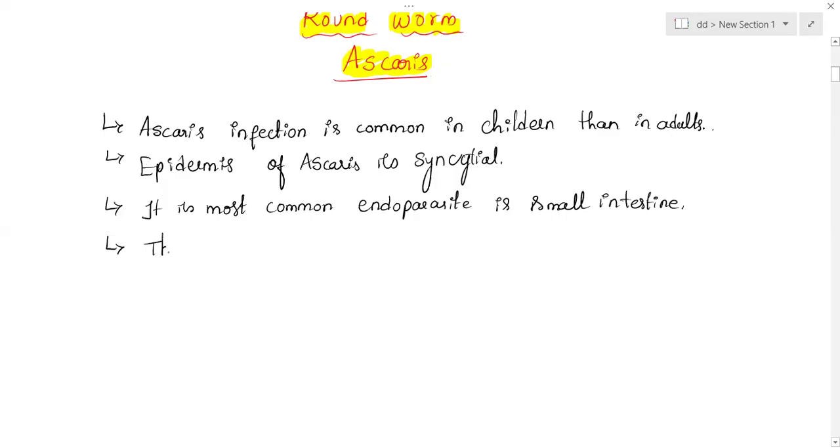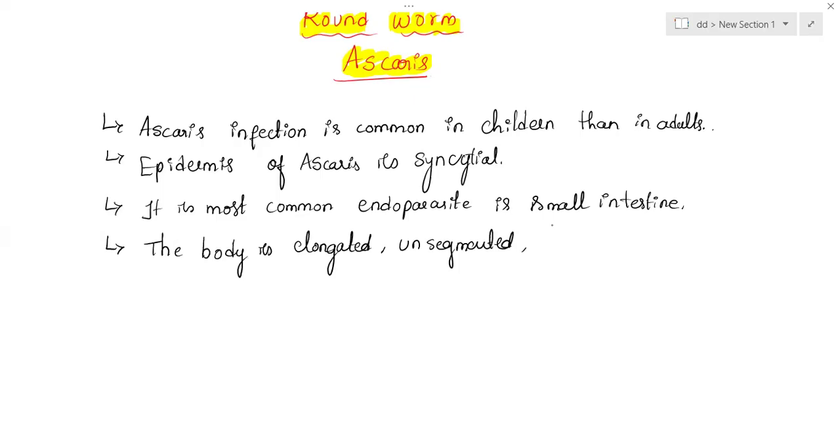Here the body is elongated and unsegmented. They don't have segments, whereas an earthworm has segments. This one has clean skin, with no partition outside.